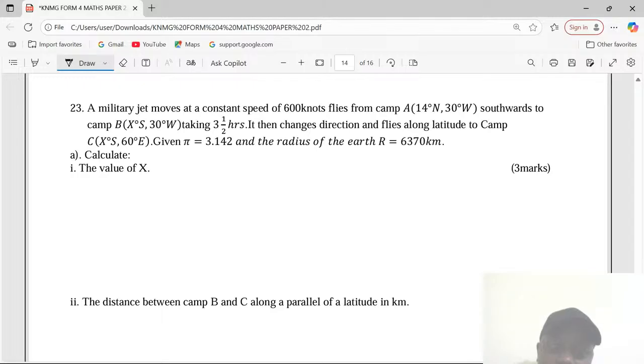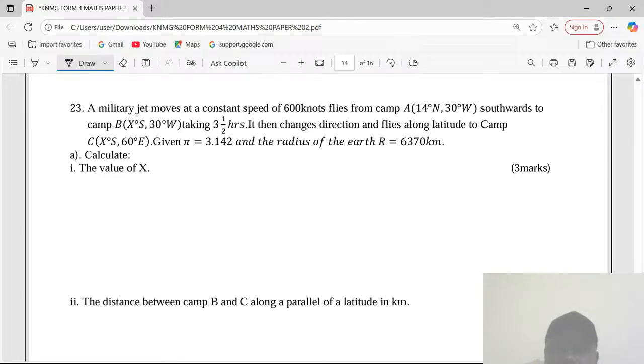Okay, we are told that a military jet moves at a constant speed of 600 knots. It flies from a camp A, 14 north, 30 west, southwards to B, x degrees south, taking 3 hours and a half.